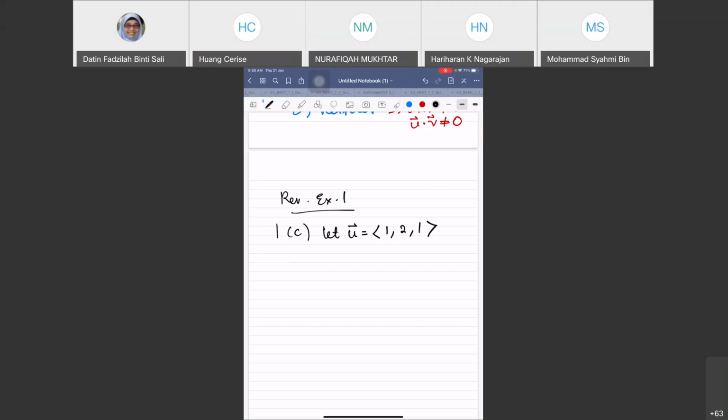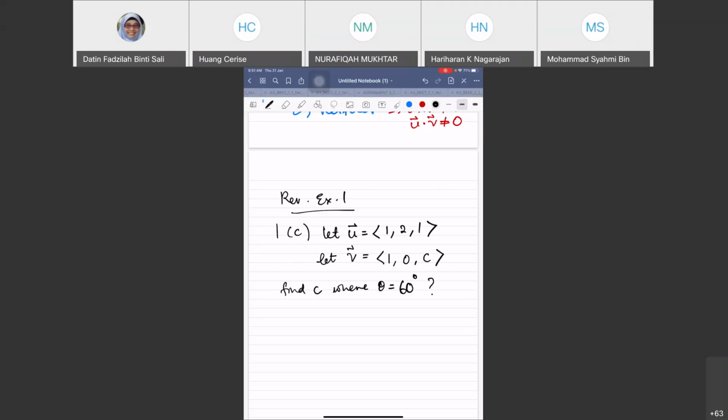And then another vector v, let's say i plus ck. i plus ck means 1, 0, c. Okay, and then the question asks you to find c where theta equals 60 degrees. This is what the question means.